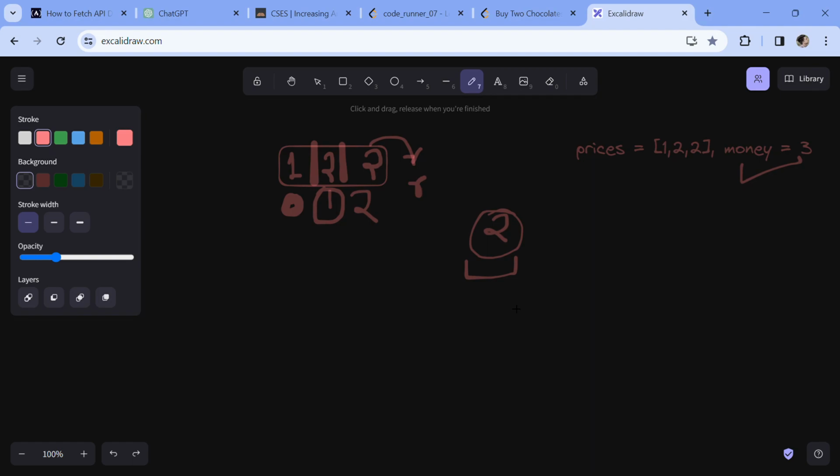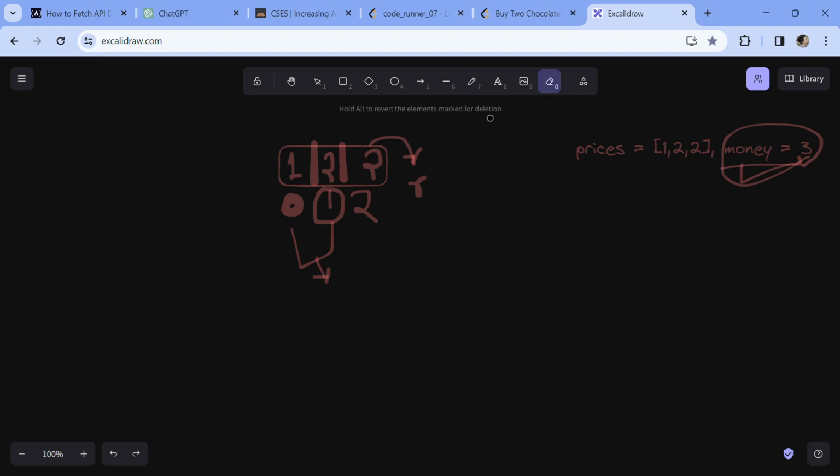We will take the two minimum elements in the array and take the summation of both. If it is coming less than or equal to our given money, then we can buy. Otherwise we have to simply return that exact money.